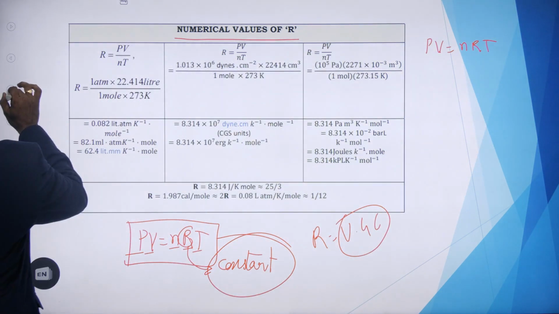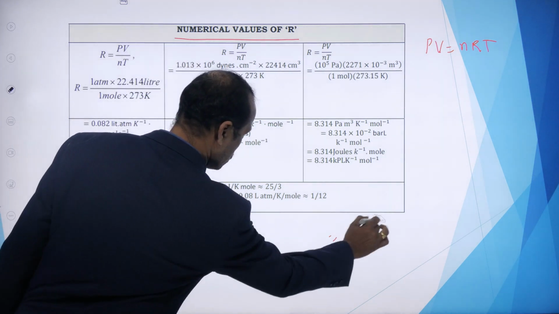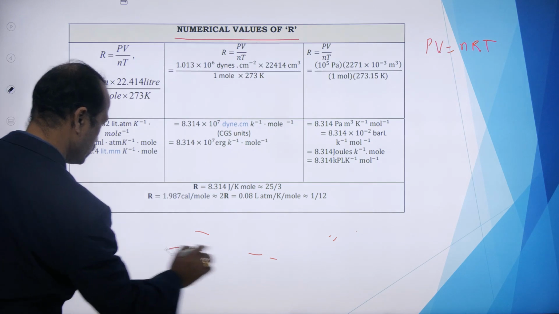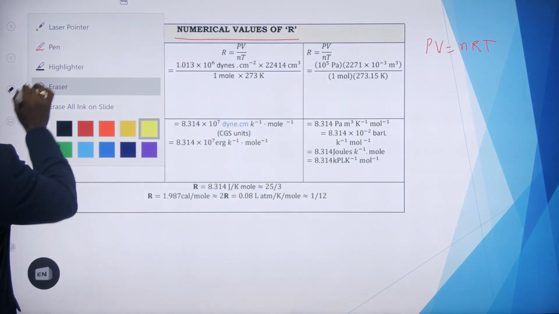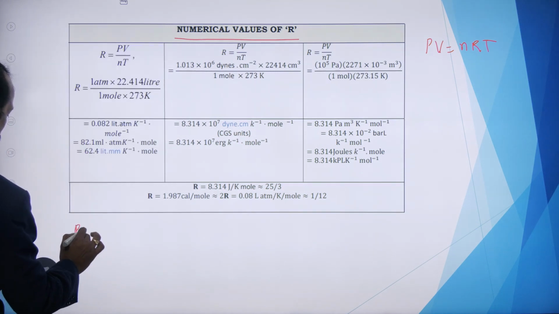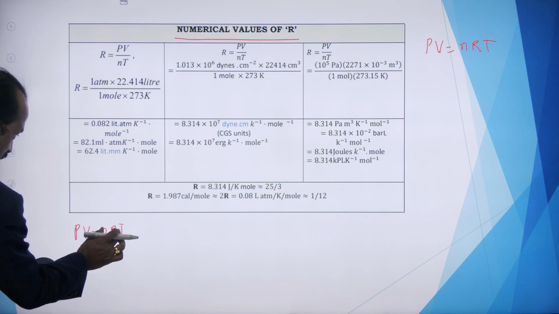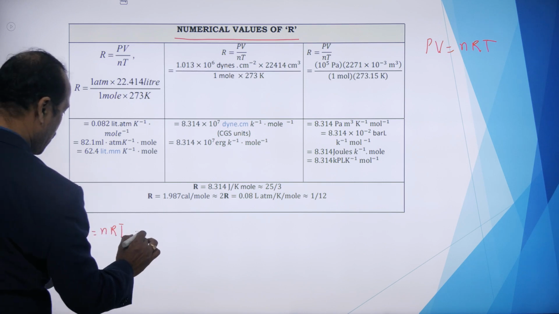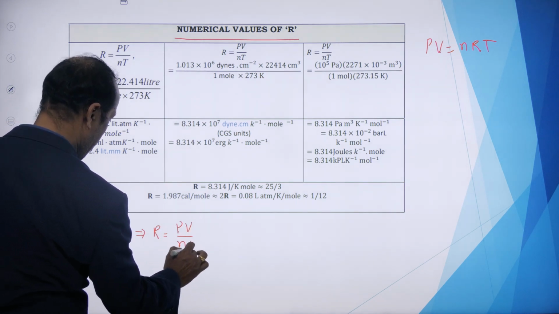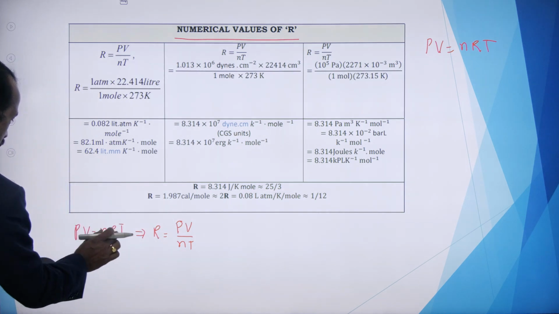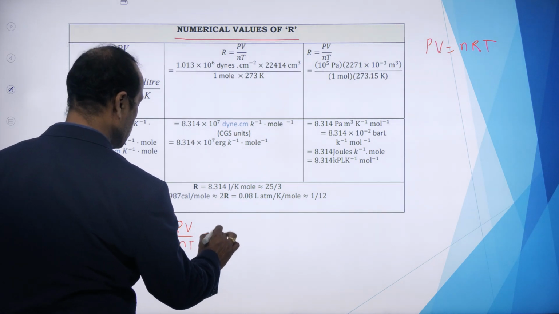I want only R, so I bring n and T to the other side. Then the equation becomes R is equal to PV by nT, correct? PV by nT.